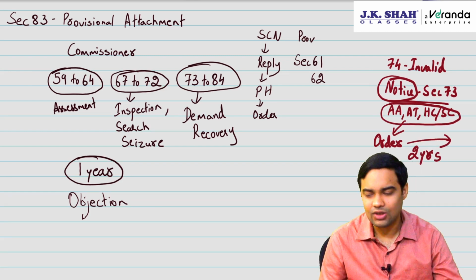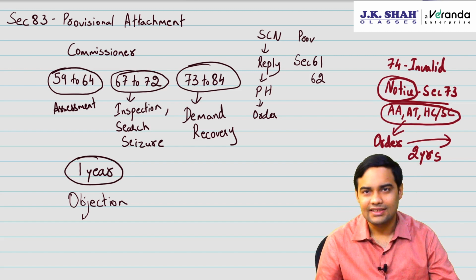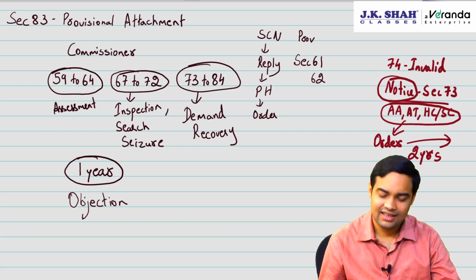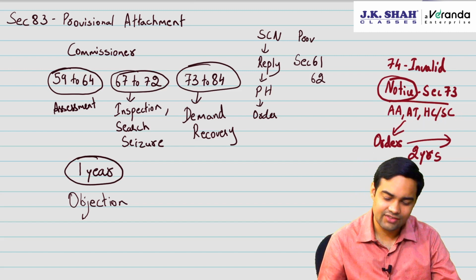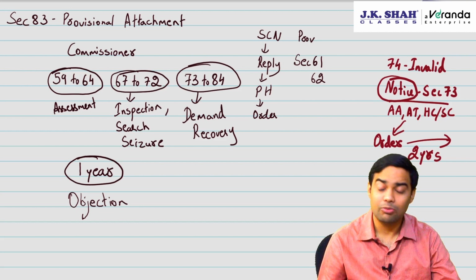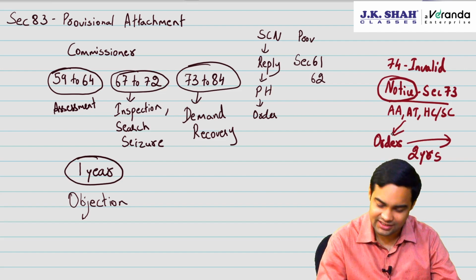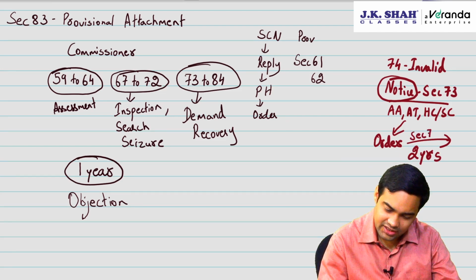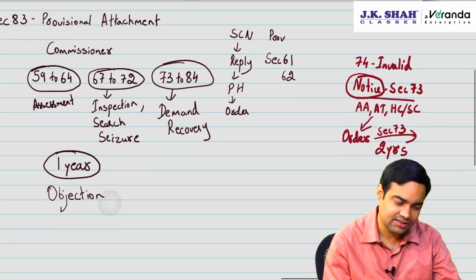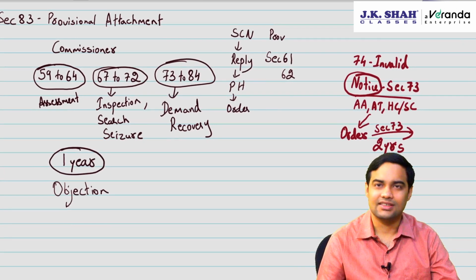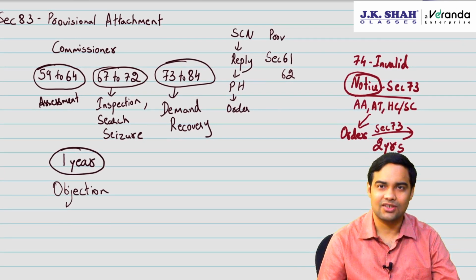The moment the officer receives communication saying that this is not a case of 74, it will be a case of 73, as an officer you will have to issue a fresh order under 73 within 2 years. That is the timeline applicable in such cases. This is really important. You can get a question on this.